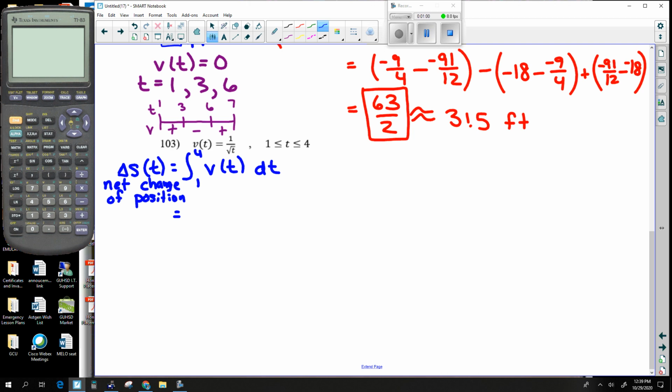All right, so the integral, this is t to the negative 1/2. So this is t to the positive 1/2 times 2. All right, and so this is being integrated from 1 to 4.